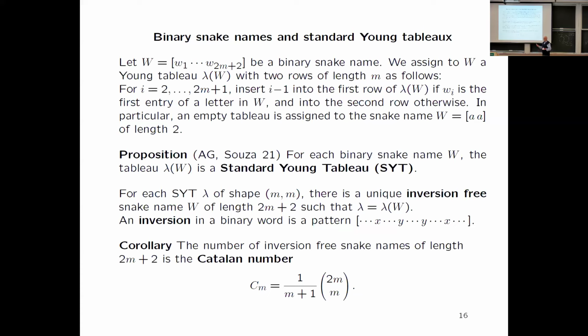I had lots of numerical experiments on how many binary snakes give me the same Young tableau. I couldn't find the rule. And of course, if it's non-binary, then it is even more complicated.